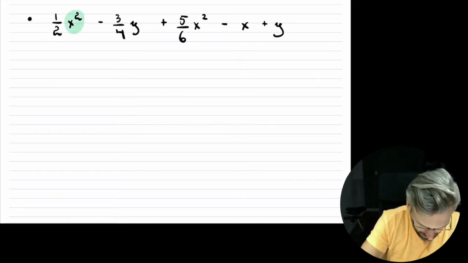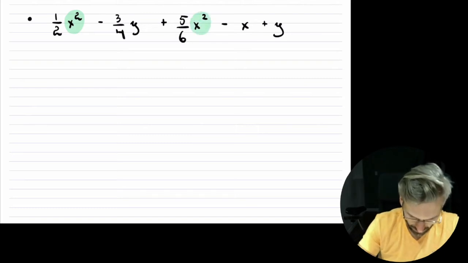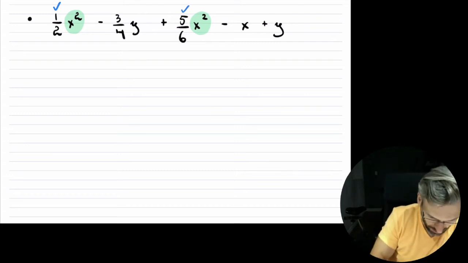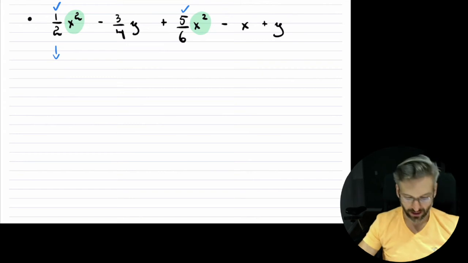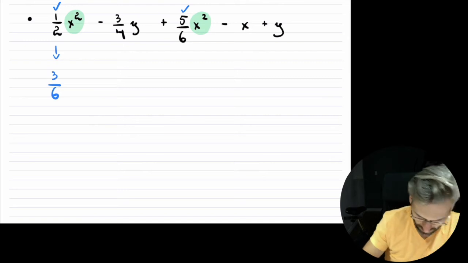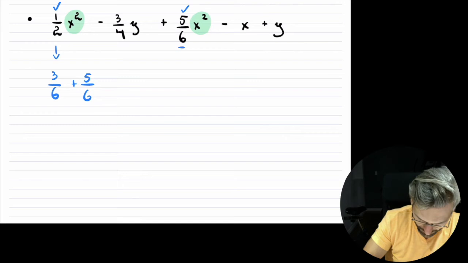All right, so here, collecting like terms. So I have x squared. Oh, here's an x squared right here. So I can collect these two. So I have a half plus 5/6. I can create a common denominator of 6 because a half is actually 3/6, and this is going to be 5/6 from right here.